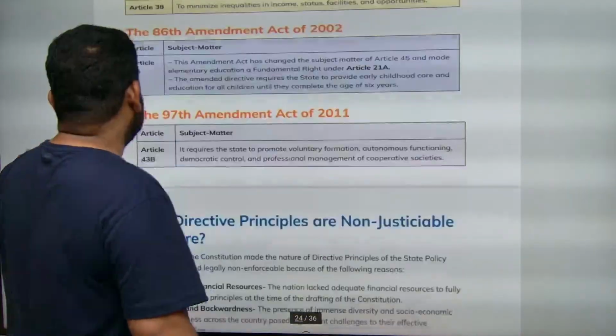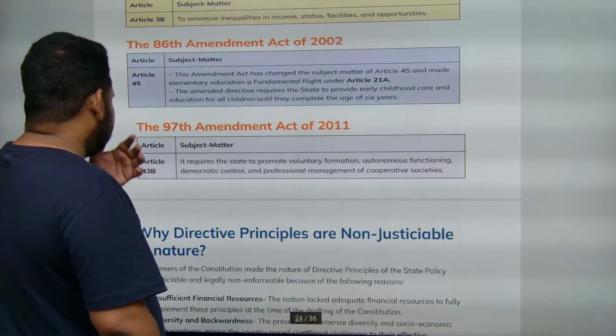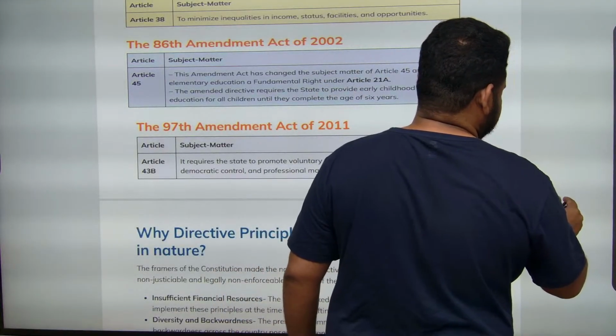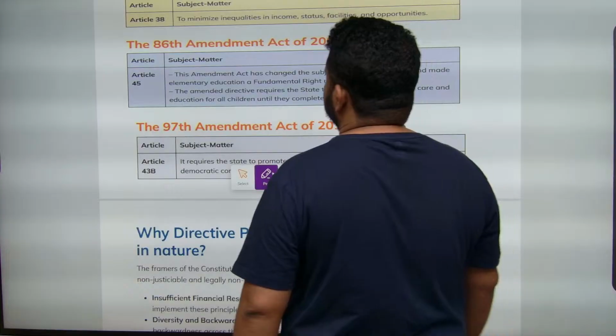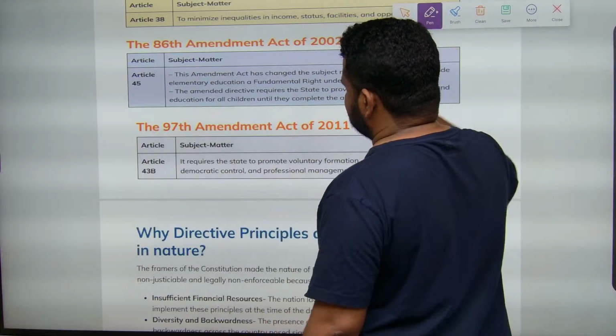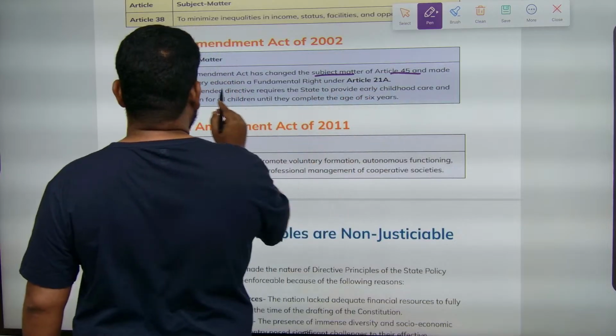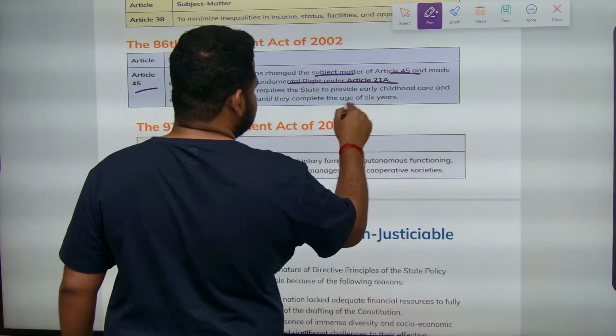42nd is done. Let us see some other amendments through which the directive principles have been amended and some new articles have been added. I told you earlier while I was talking about Article 45, this amendment has changed the subject matter of Article 45 and made elementary education a fundamental right under Article 21A.